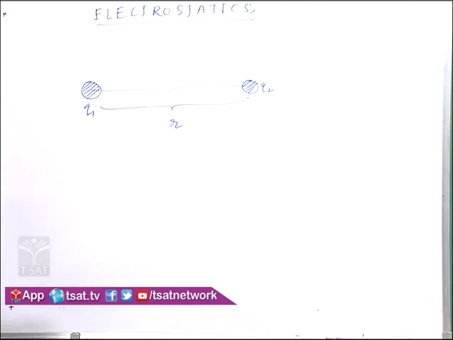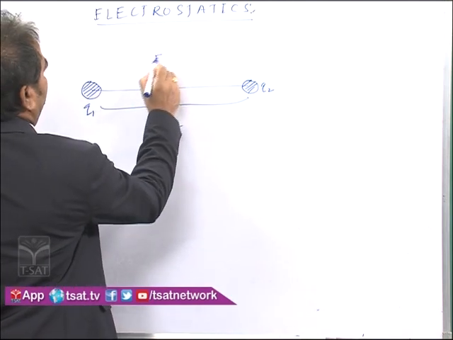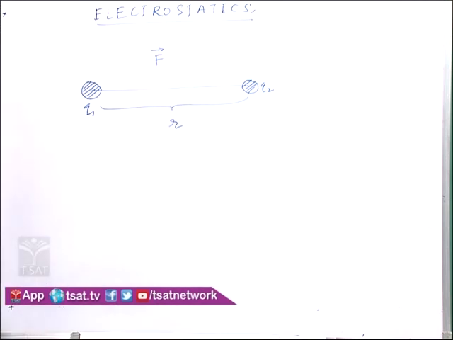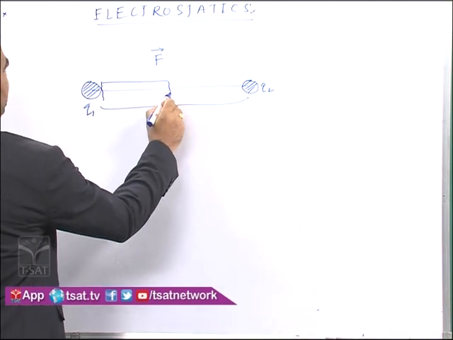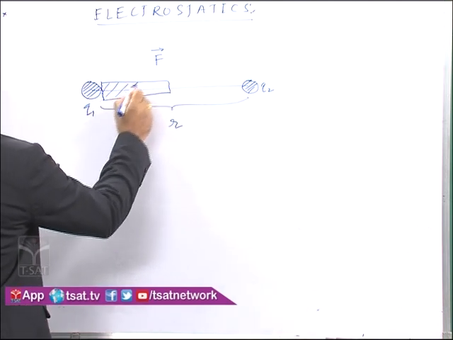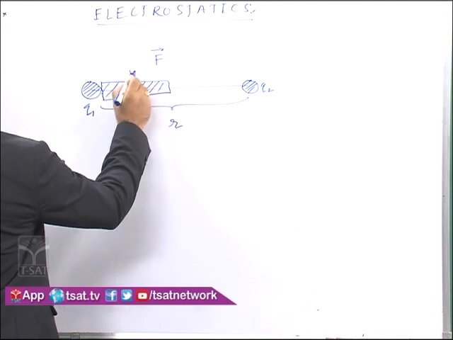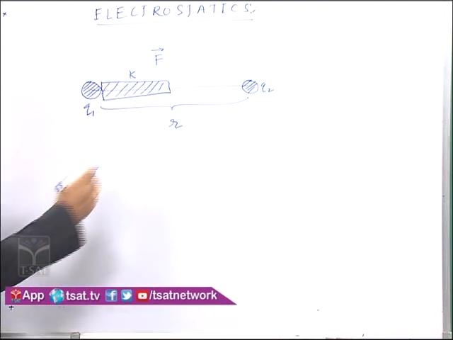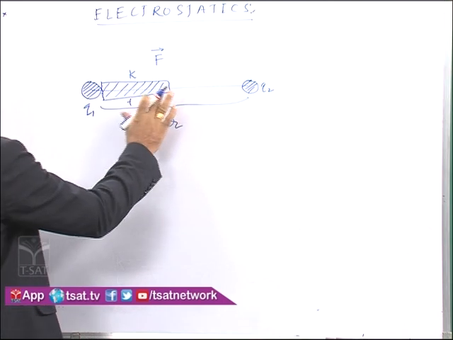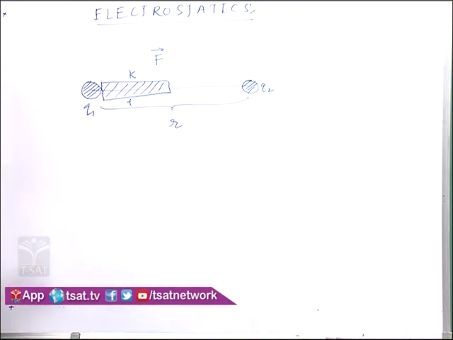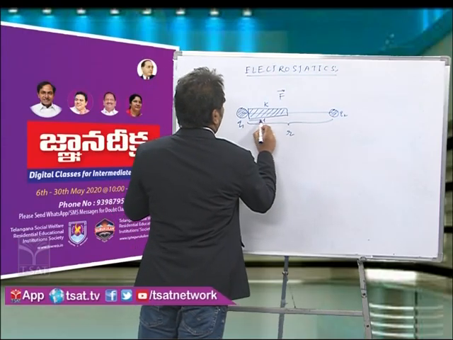The force of interaction between these two charges is given by F. Suppose we consider a dielectric of dielectric constant K and thickness t, which is introduced between these two charges. Then how would the force change here? This length we already know as t.